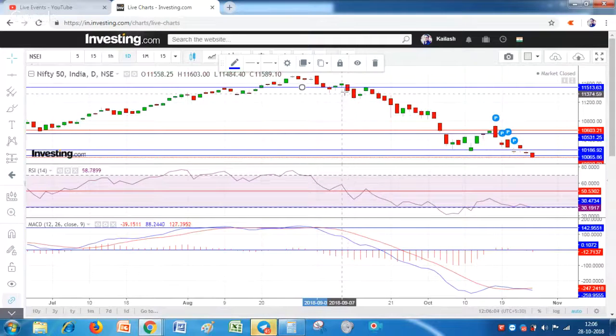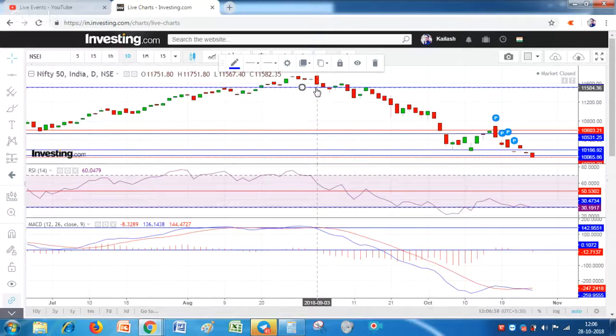Same level, friends, but its signal is a little late, after a few days. On which day has it given us the signal? MACD has given us a signal on the 3rd of September.